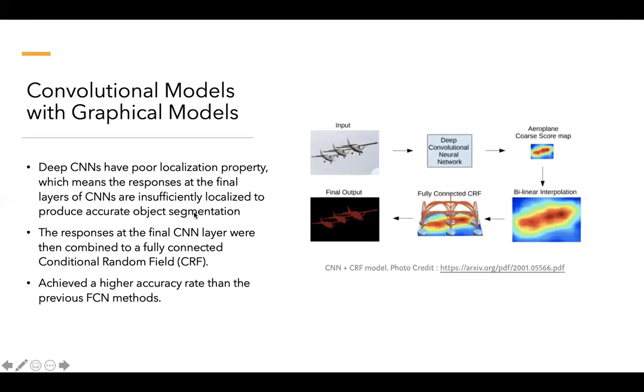So what researchers did was combine the final CNN layer with a fully connected conditional random field, that is CRF, and it was proven to achieve higher accuracy than the previous FCN methods. As you can see in the diagram, they connected the deep CNN output to a fully connected CRF to get the final output, which was more accurate than the previous FCN methods that existed at that time.